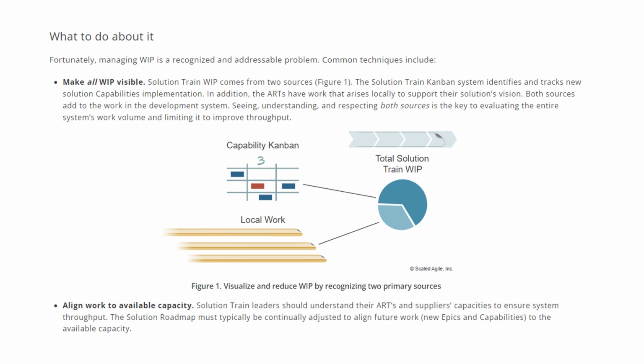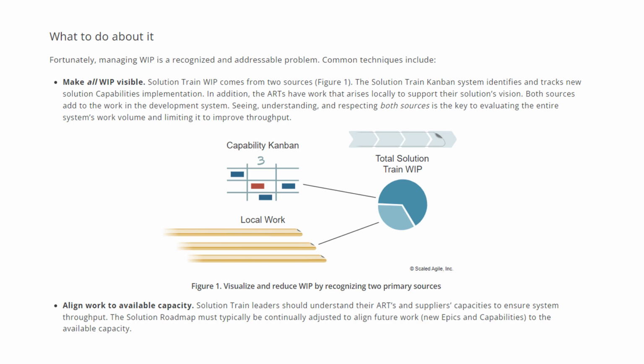In addition, the ARTs have work that arises locally to support their solution's vision. Both sources add to the work in the development system. Seeing, understanding, and respecting both sources is the key to evaluating the entire system's work volume and limiting it to improve throughput.